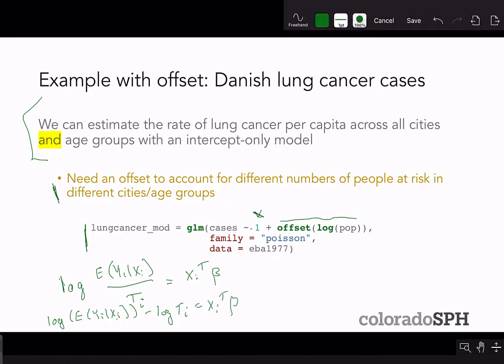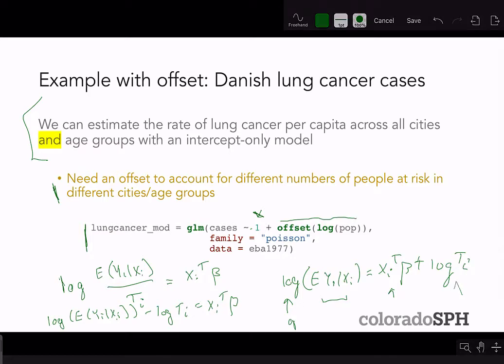And then bringing this log ti term to the other side, what you end up with is log expected value of yi given xi equals xi transpose beta plus log of ti. Okay, so we have our outcome, we have our link function g, we have our covariate terms, and we have our offset.